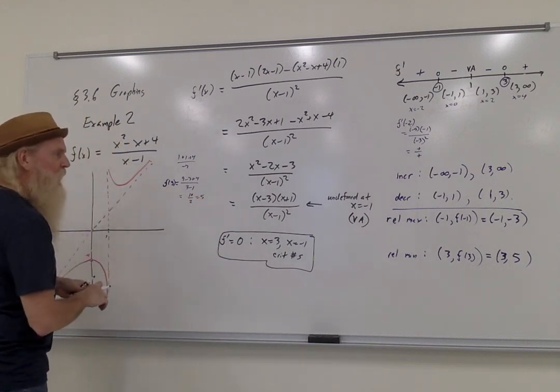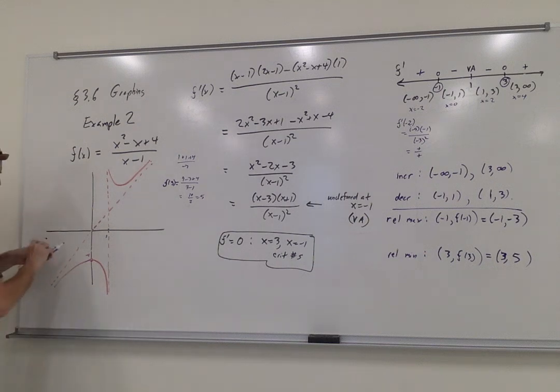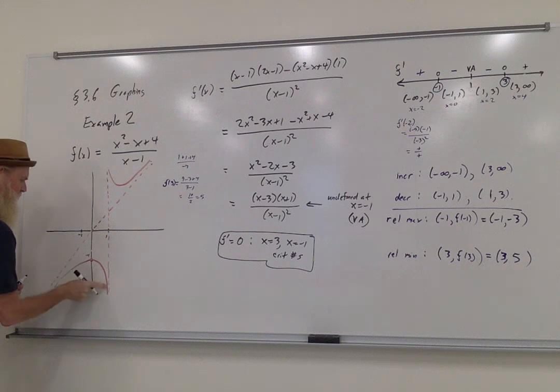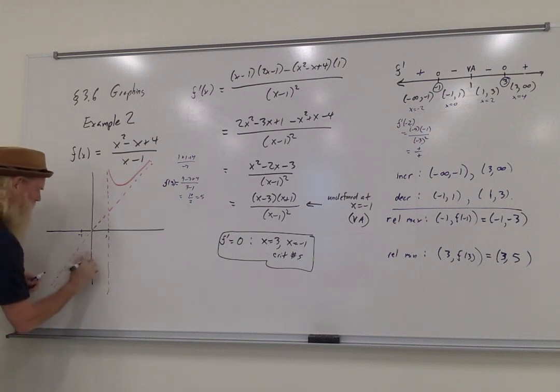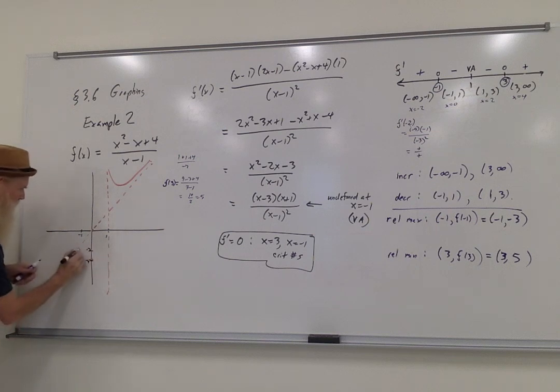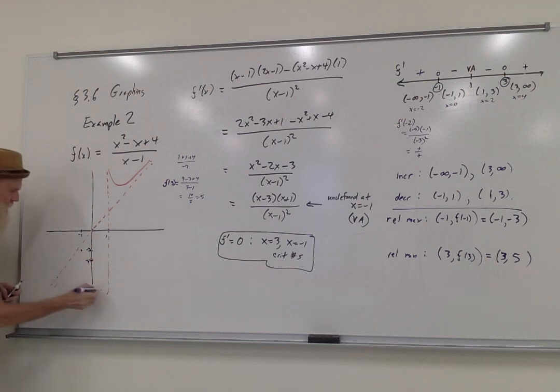We have a relative max at negative 1, negative 3. So let's maybe make this negative 1 on the x-axis. We can fine-tune this part of the graph a little bit. This point, remember, was at negative 4. A little above that at negative 1, negative 3, it's going to be my relative max. So let's make the graph go through that point.